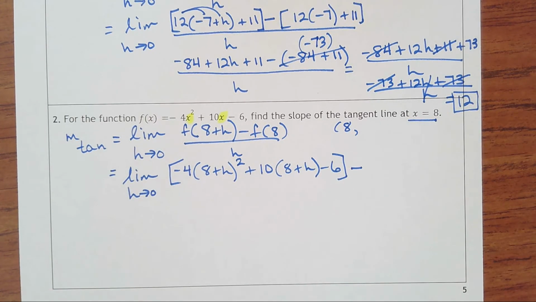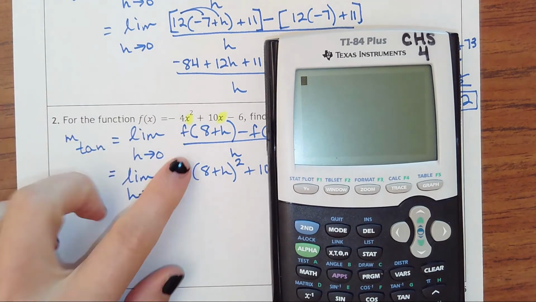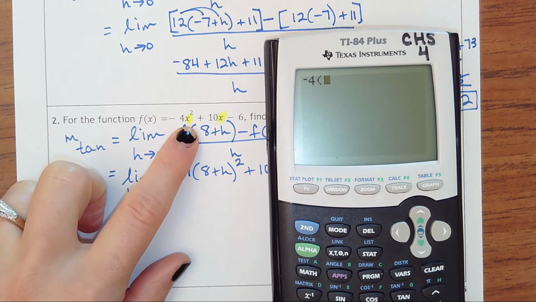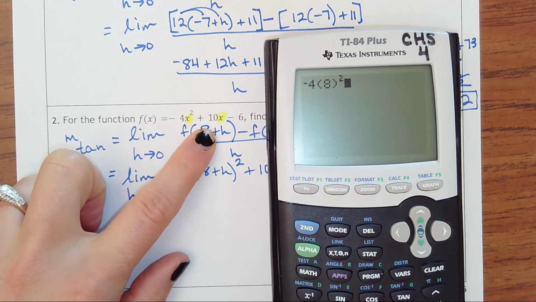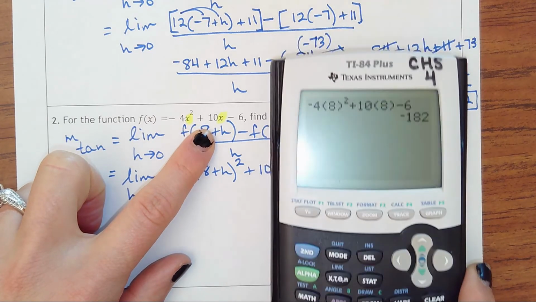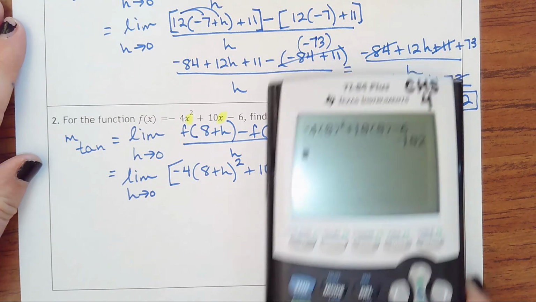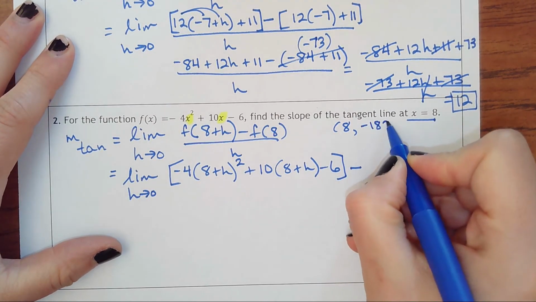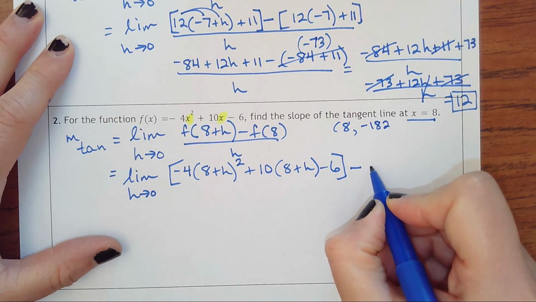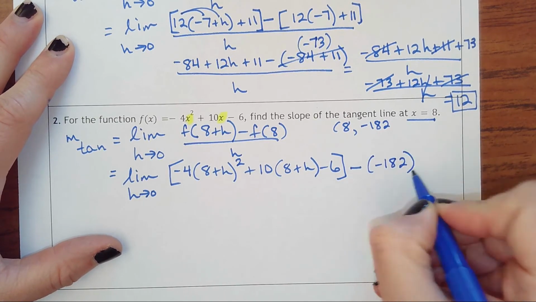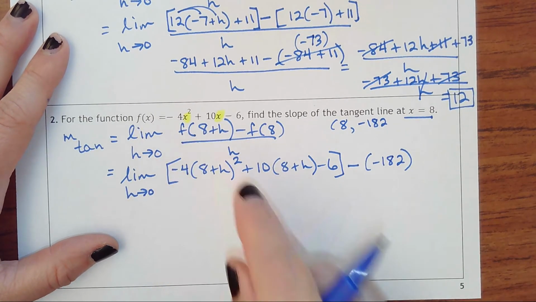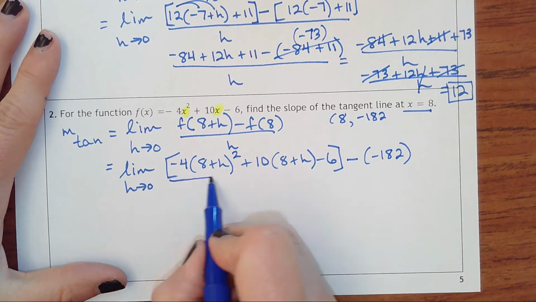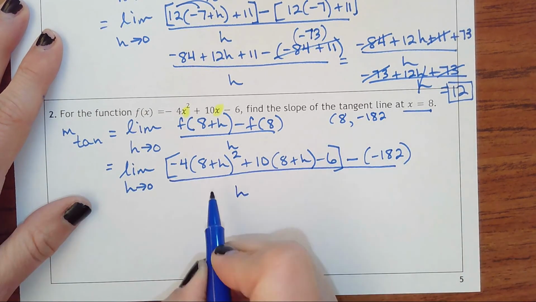And so you could just plug that in. It'd be negative 4 times 8 squared plus 10 times 8 minus 6. I got a negative 182. So really I'm plugging in a negative 182 here. You would get that same thing if you wanted to just write 8 in it. It just takes up less room. Divided by h.